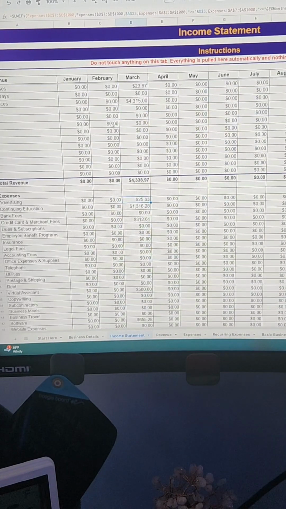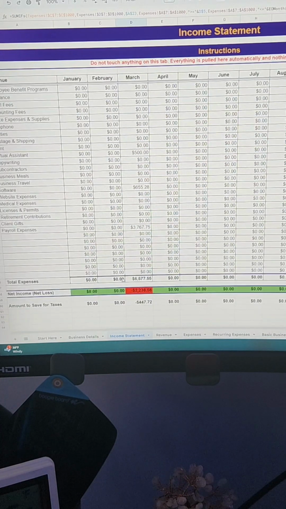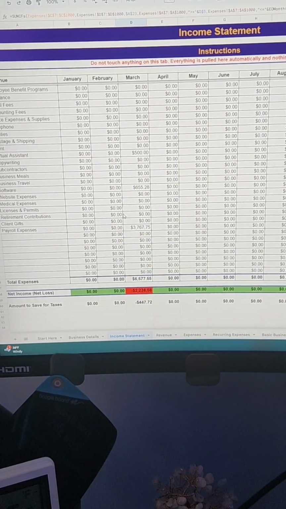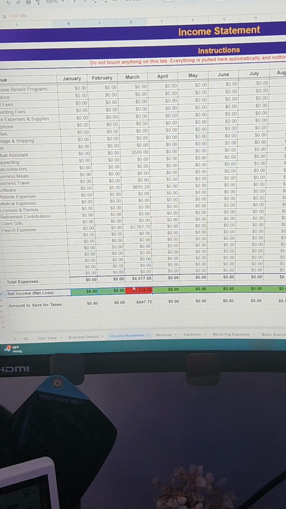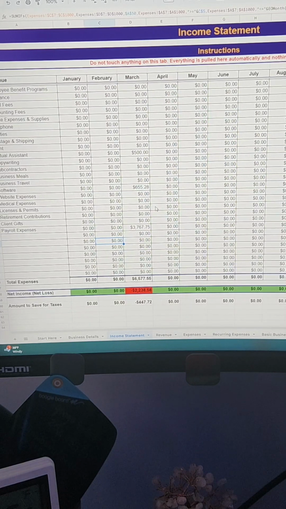Also, when you're looking at this, you would look at the prior months. So I need to do January and February as well. I only have March in here. So you want to look at prior months and you would look at the cumulative profit, not just the profit for that month.